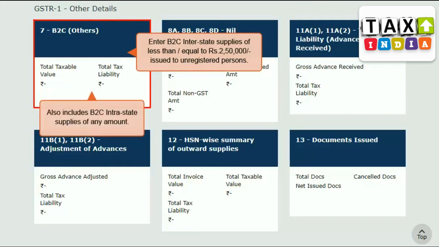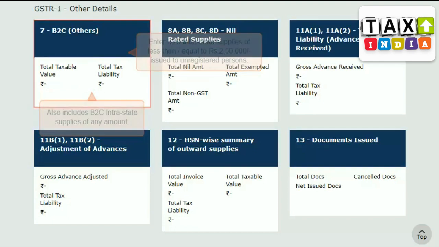Additionally, this category also includes B2C invoices that were raised against all intrastate supplies irrespective of the invoice amount. However, this category requires summary level information to be furnished, such as details as per place of supply, and tax rates have to be entered, which includes supplies made via e-commerce portals as well.